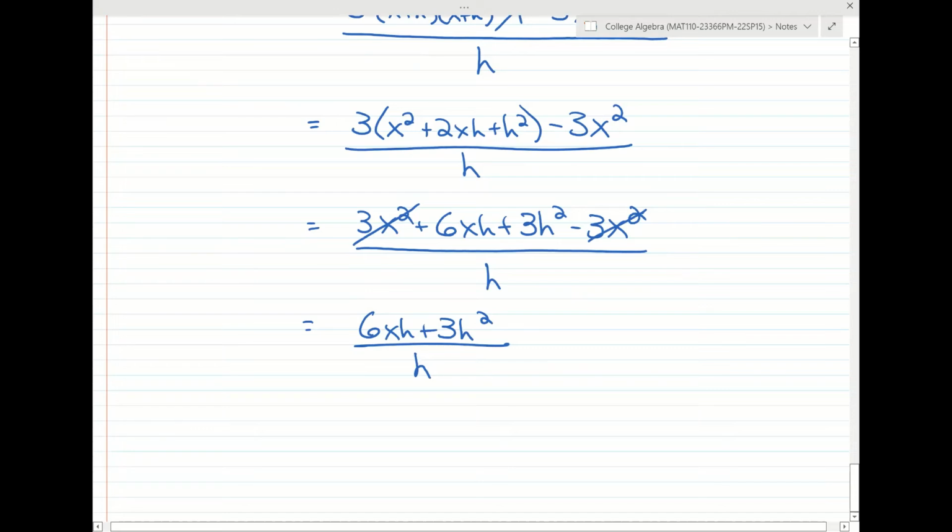This is the hardest kind of problem that you'll see. So once you're down to this last step and you just have a bunch of h's everywhere, we factor out an h from the top. We'll just divide everything by a GCF of h. Cancel that with the h on the bottom. The final answer for this problem will be 6x plus 3h.